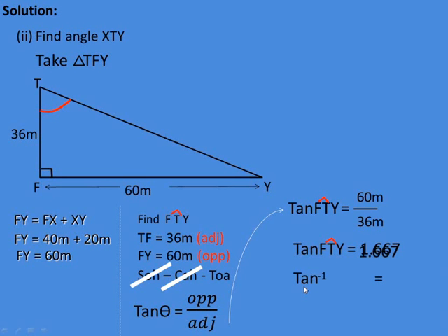What that does is it moves the decimal to the side where the tan inverse function is, and moves the angle to the other side. So we now put this in our calculators and find the tan inverse of 1.667. We see that the tan inverse of 1.667 is equal to 59.04 degrees.